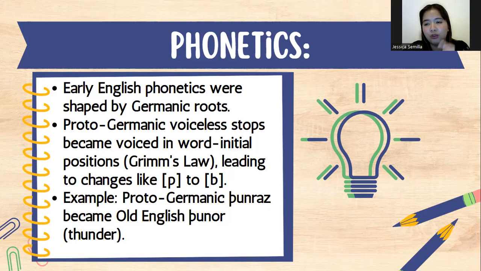When we talk about voiceless, there's no vibration in the speech organs. So P and B: there is voice when you sound the B, meaning there is vibration. Examples of that are Bunras and Punor.